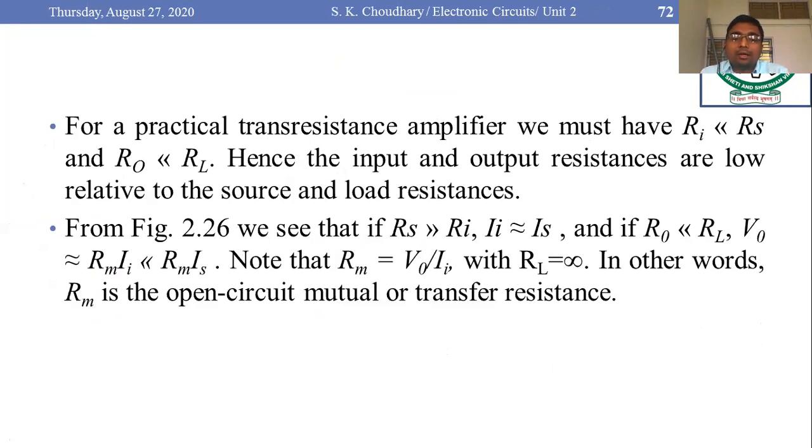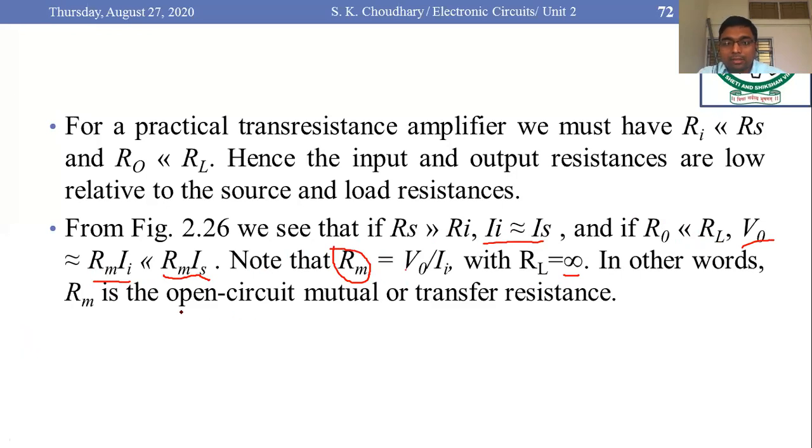So what is the result of this? As Rs is very much larger than Ri, Ii is equivalent to Is. R0 is less than RL, so V0 is equivalent to Rm Ii, that is equivalent to Rm Is. The proportionality factor here is Rm, that is the ratio of output voltage upon input current with RL infinity.